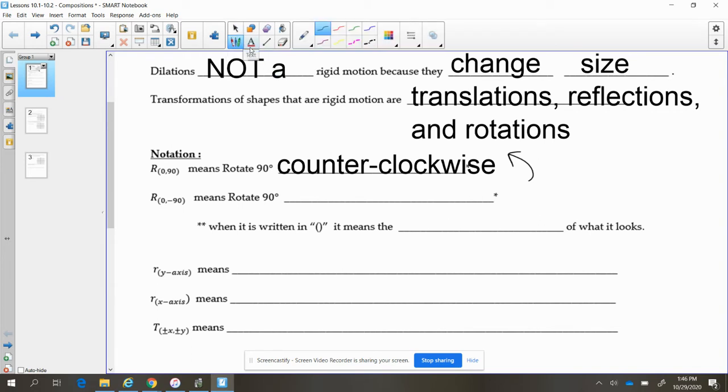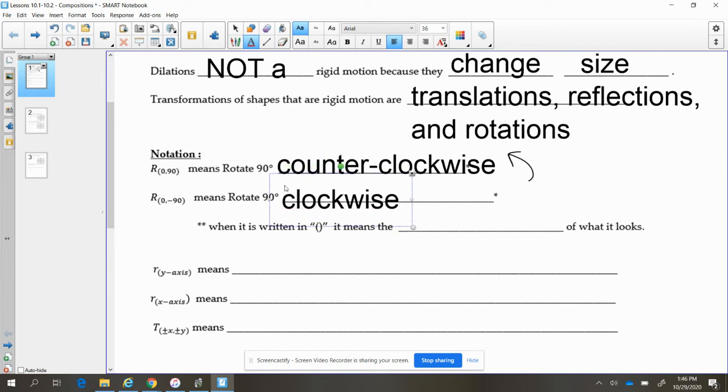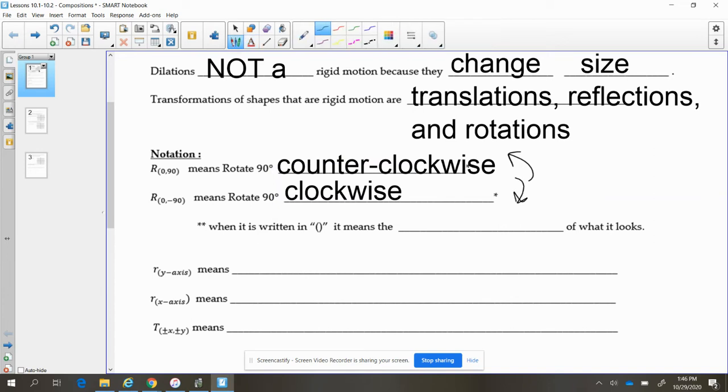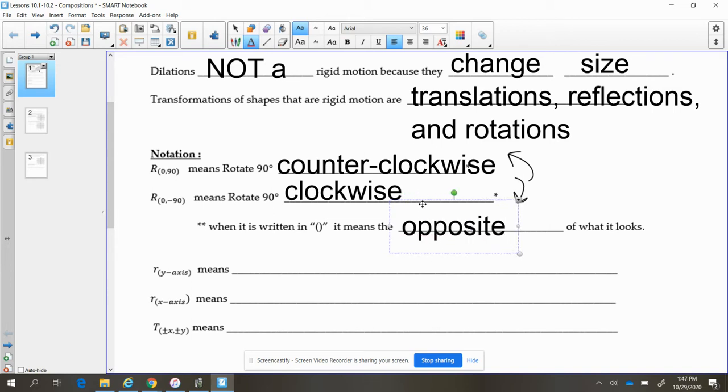We have to rotate 90 degrees clockwise. So again, these are a little bit backwards from what we think normally. And again, that means that it would rotate to the right or down. When it is written inside of the parentheses, we have to think about that it's basically the opposite of what it looks like to us.